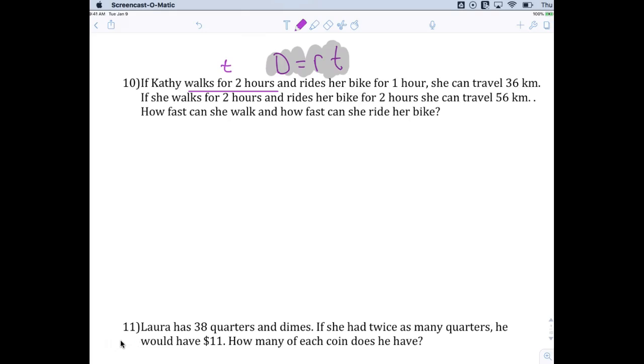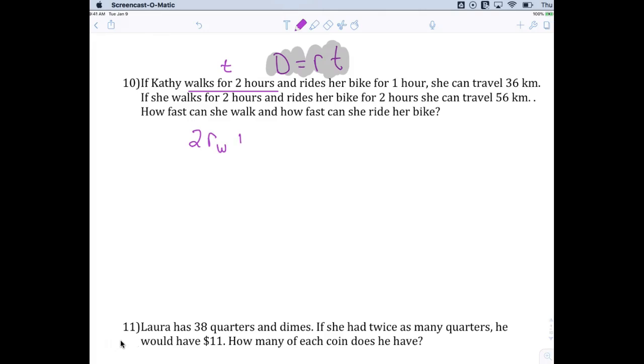So I'm going to write this down and see if you agree. 2 R sub W. What do you think R sub W means? The rate at which she's walking. That's what subscripts do. Subscripts define better what the variable is. Now you can put X and Y and whatever, I'm just showing you this is a better way to write it down.